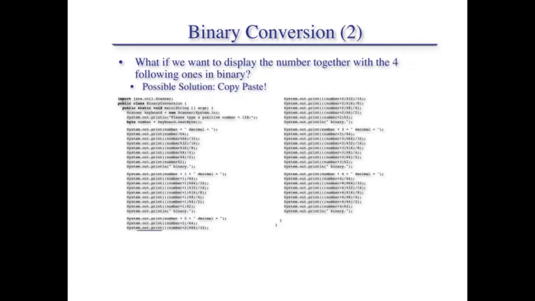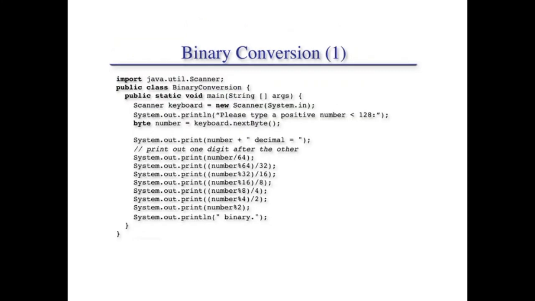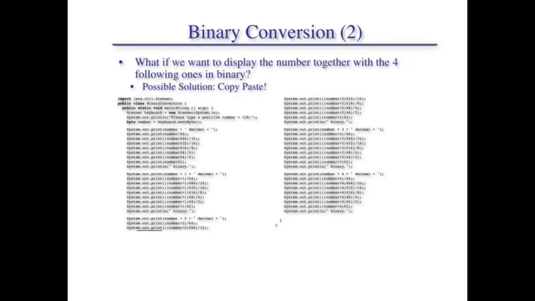Now what we have done over here is we have just found the binary number of a decimal number entered by the user. Suppose we want to display the number together with the 4 following ones in binary.